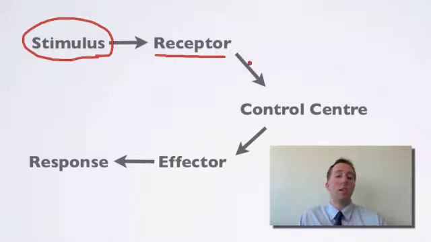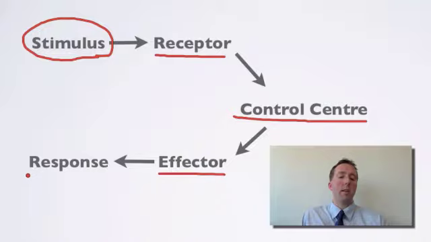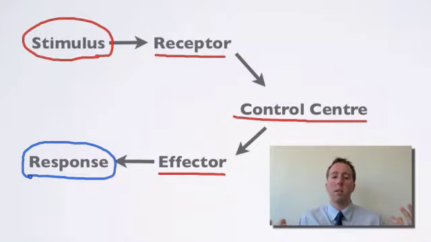That message is sent to a control center where a decision is made. The control center sends the action to an effector. An effector is often a muscle, or it could be a gland, and the effector does something. And that basically ends up being a response. So it's called a stimulus response model because when the body gets a stimulus, a response will often happen.